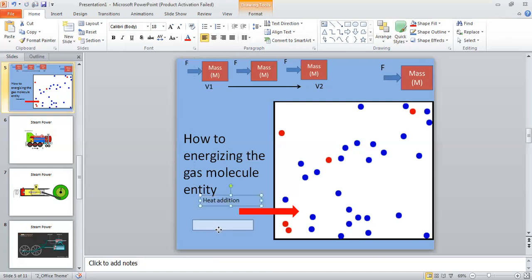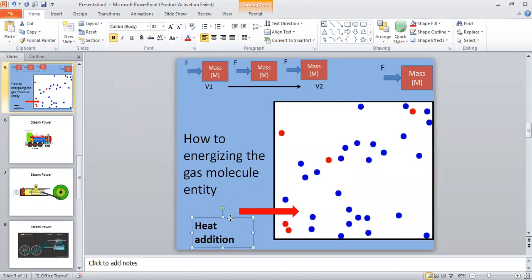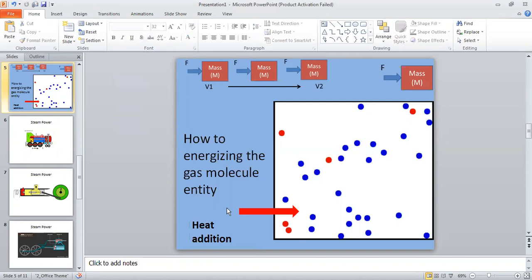Okay. When heat is added, the gas molecule entity in the container becomes energized.